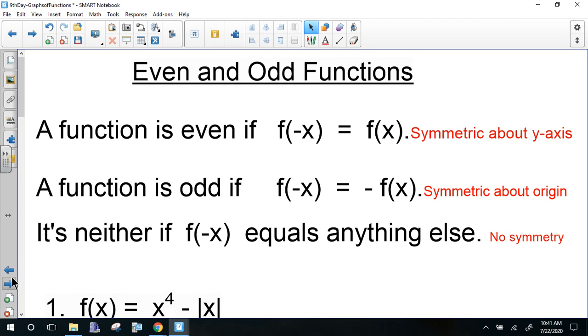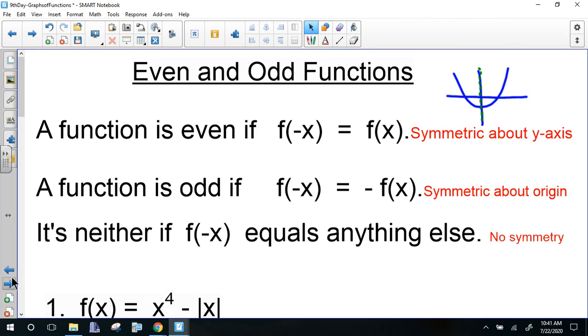Now we need to determine how functions become even and odd. A function is even if you replace every x by -x, and when you do the simplification, it ends up being the same thing you started with. And that has symmetry about the y-axis. Symmetry about the y-axis is if you take it and fold it along the y-axis, everything would meet.